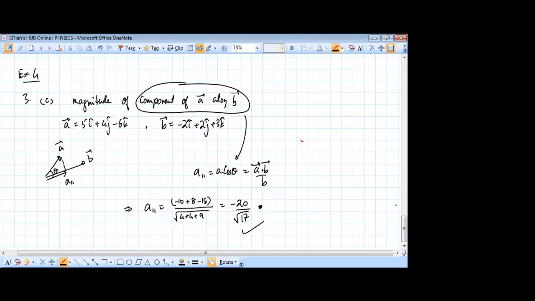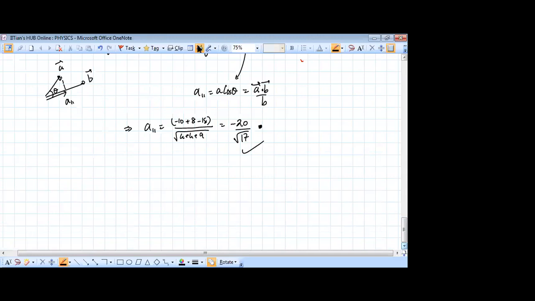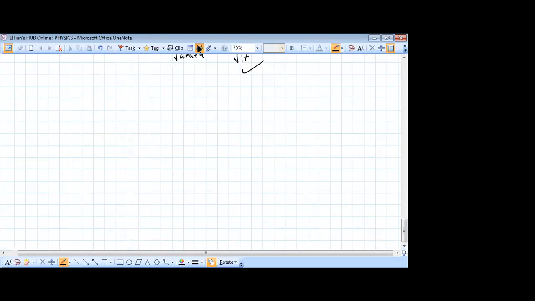Achha, 4D is the same, so these two are clear to you. Now let us move on to the next question, number 6. Question 6 of this same exercise. Let's go through all of it.